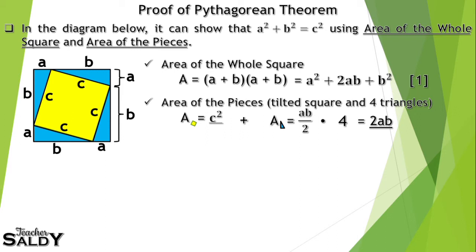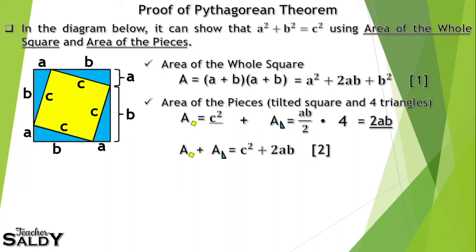We all know that the area of the triangle is 1/2 base times the height, or AB over 2. Since we have 4 triangles, we will multiply it by 4. So that equals 2AB. Combining the two, the tilted square and the 4 triangles, the area is equal to C squared plus 2AB.